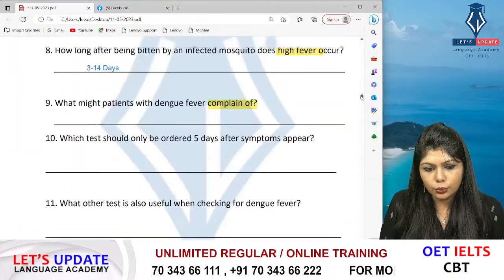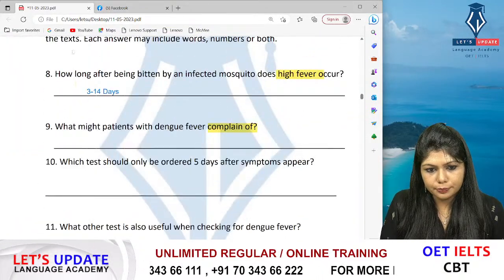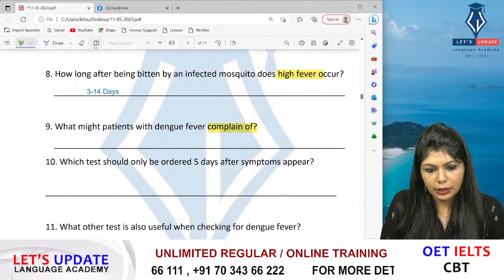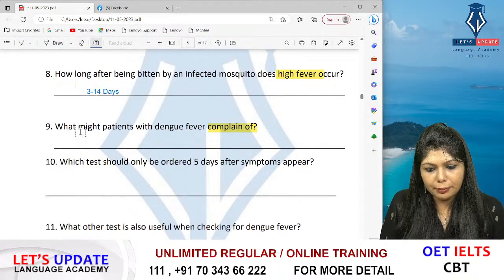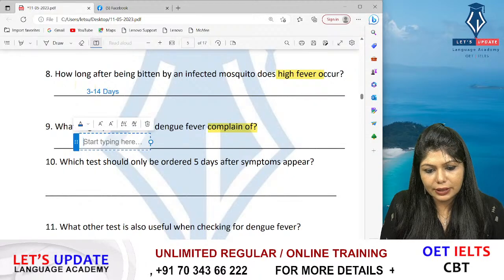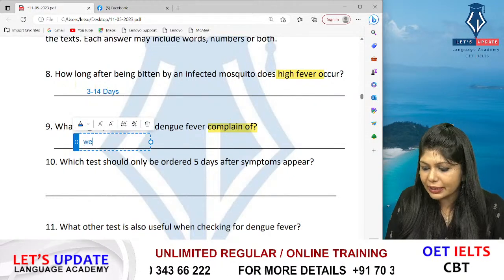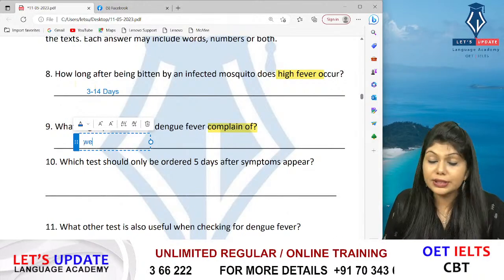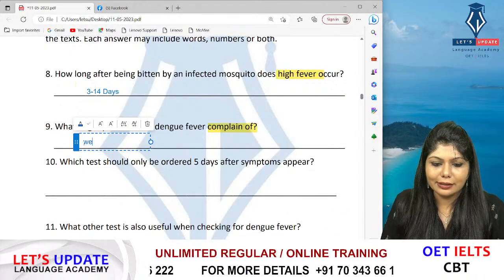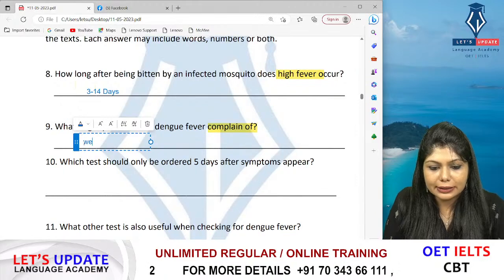Okay, moving to the 10th question. Which test should only be ordered 5 days after symptoms appear? Just think which part holds this information. Meanwhile, I'll just type that answer in.